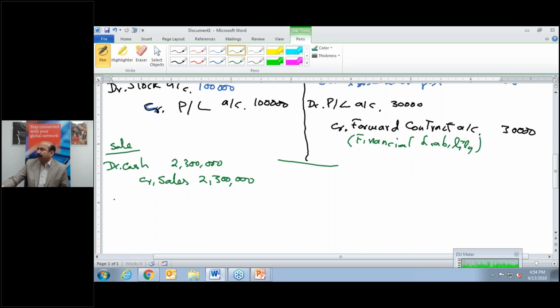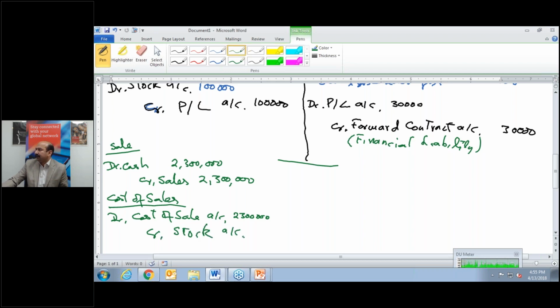And for cost of sales, your entry will be debit cost of sales account with 2.3 million, and credit your stock with 2.3 million.